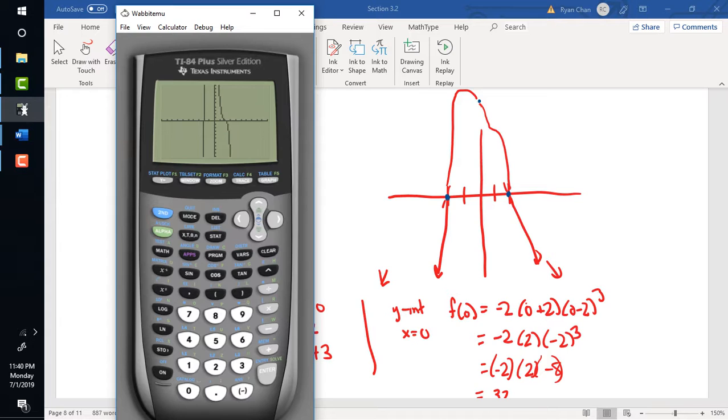Now I can't see the whole picture. I can go to window and make my y max a little bit larger. Actually, I should probably make it 40 because I know my y-intercept is 32.